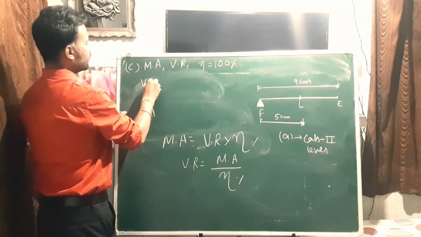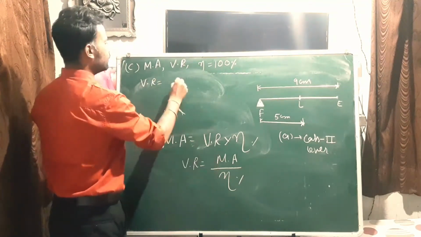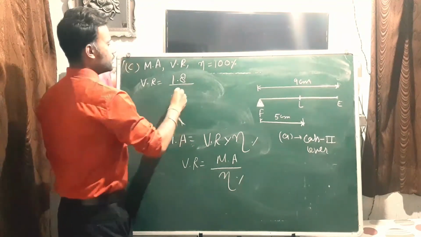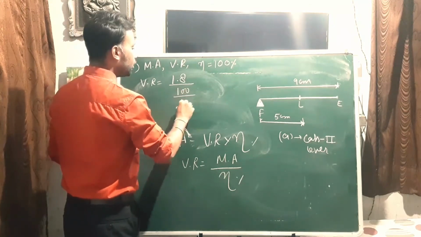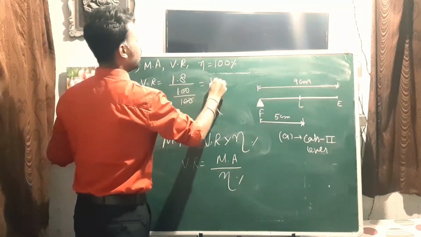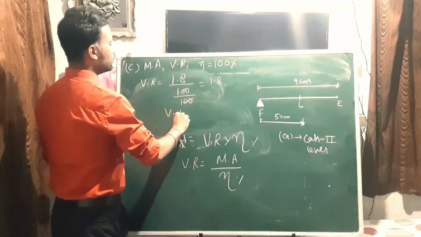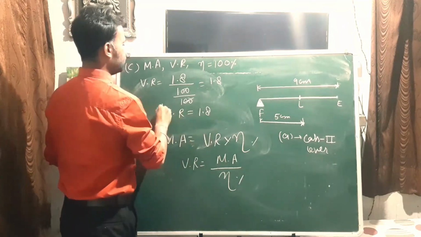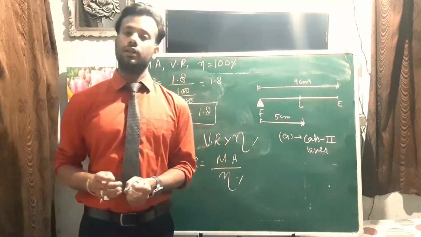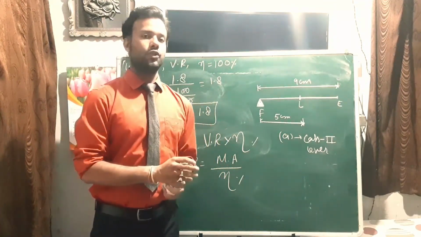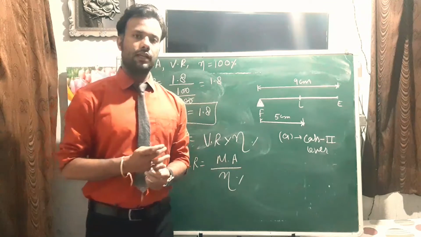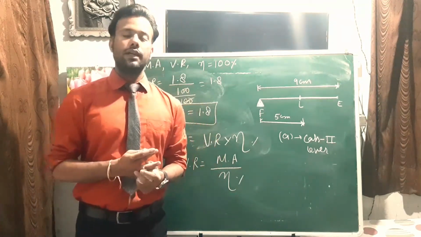So VR is the mechanical advantage, that is 1.8, upon efficiency, which is 100%, so 100 upon 100 because it is in percentage, which will give you 1.8. So the VR of this rod is 1.8, right? The mechanical advantage is 1.8 and because the efficiency was 100%, the velocity ratio of this beam is also 1.8.